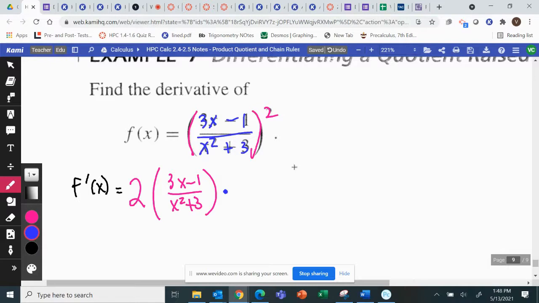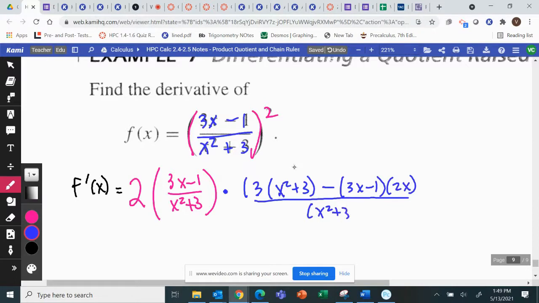Okay, so that means we're going to take 3x minus 1 and find the derivative of that, 3, times x squared plus 3, subtract 3x minus 1 times 2x all over x squared plus 3 squared.